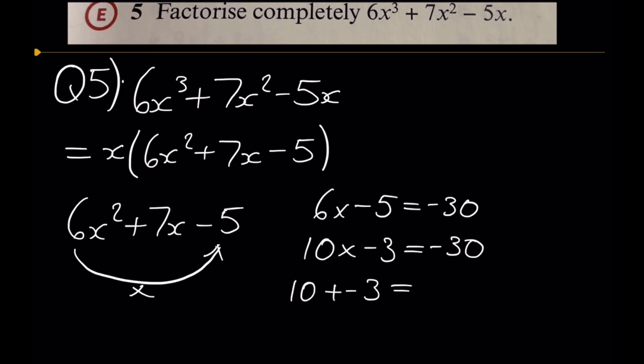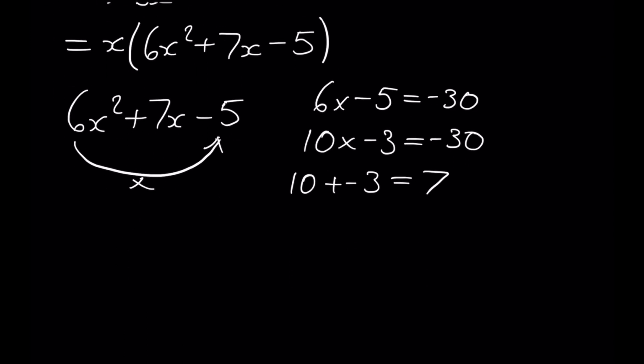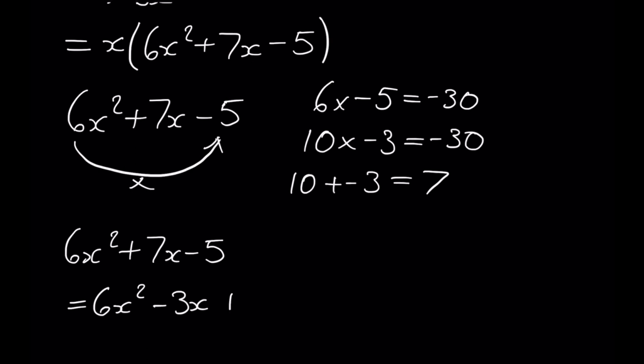And 10 plus minus 3 is 7. So we can rewrite 6x squared plus 7x minus 5 as 6x squared minus 3x plus 10x minus 5.